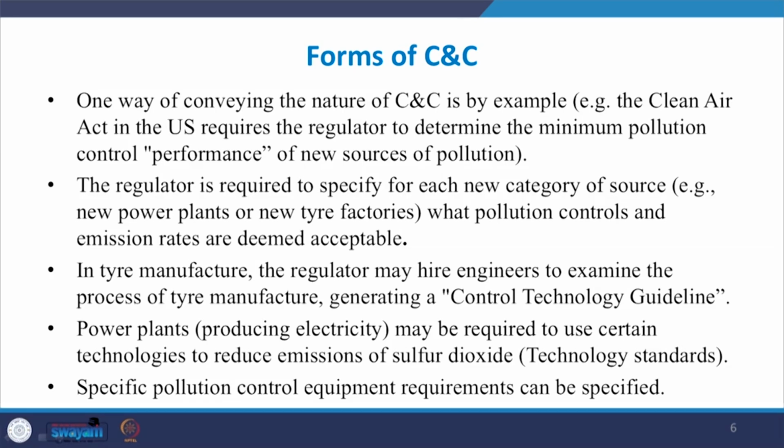For instance, the Clean Air Act in the USA requires the regulator to determine the minimum pollution control performance of new sources of pollution. The regulator is required to specify for each new category of sources, like a new power plant or a new tire factory or a new cement factory, what pollution controls and emission rates are deemed acceptable.